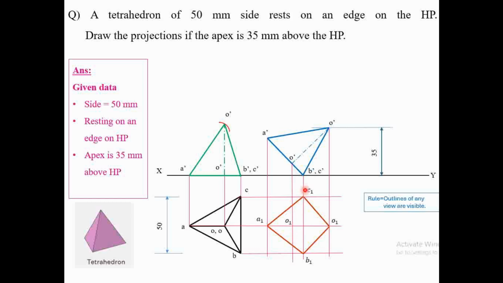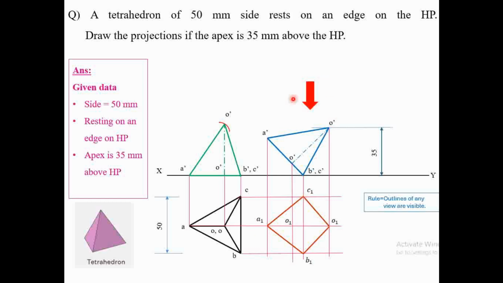Two edges remain to be represented, that is A1 to O1 and C1 to B1. For representing the remaining edges, we have to take the reference of the position of the observer. If we observe from the top side to complete this view, we have to identify them from the remaining edges. The remaining edges are A1 to O1 and C1 to B1.